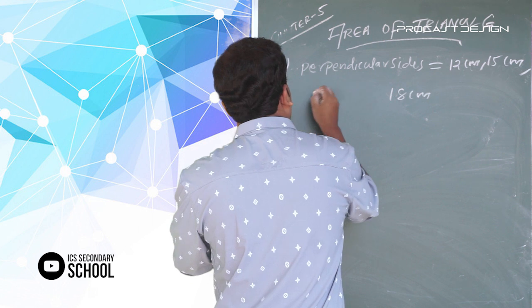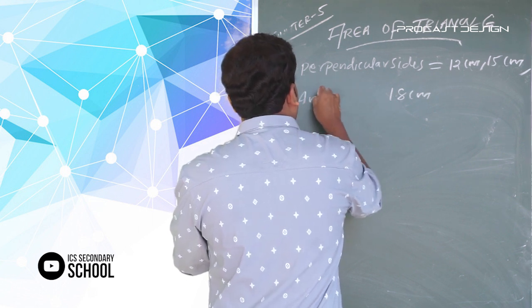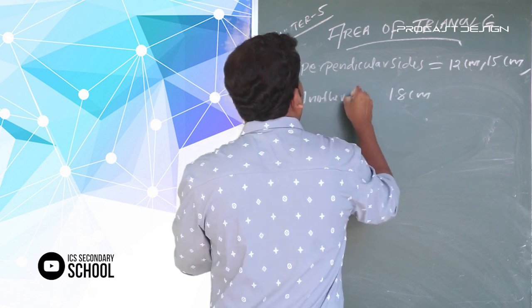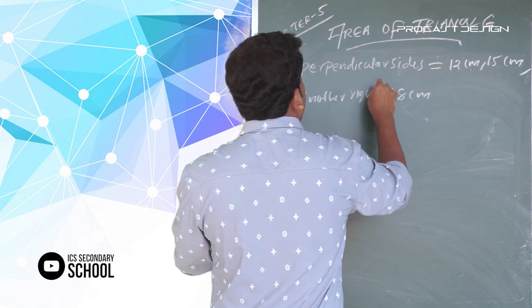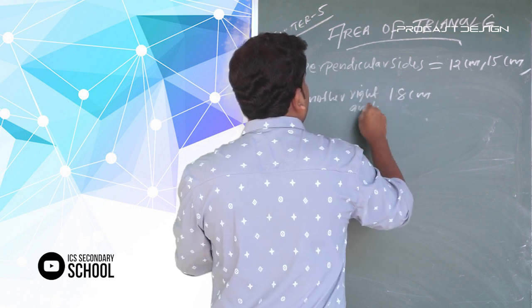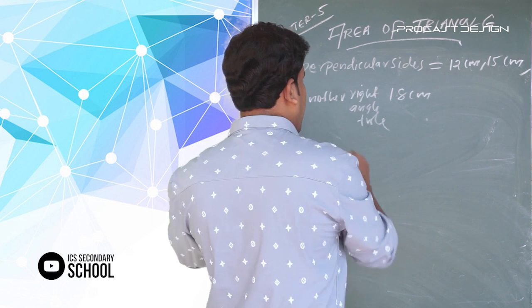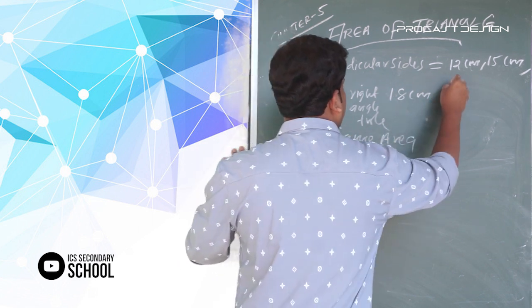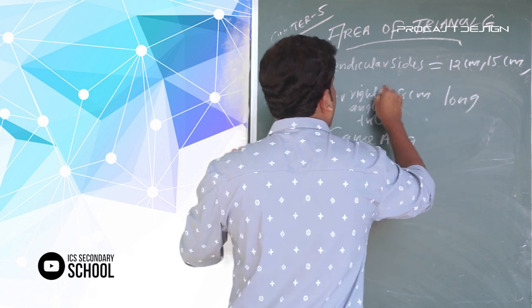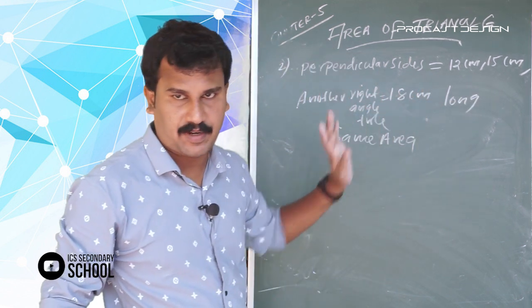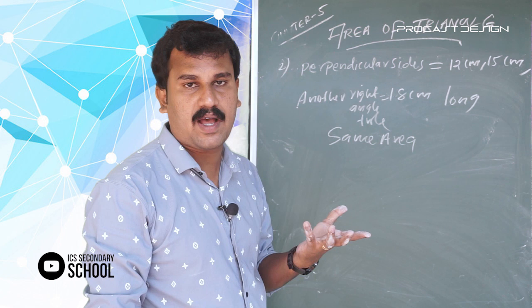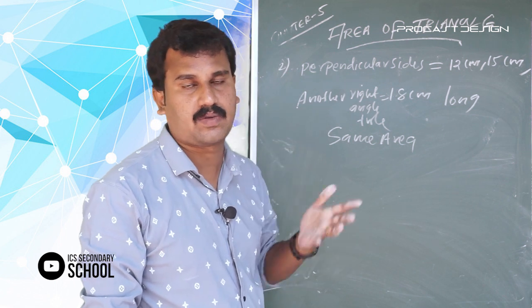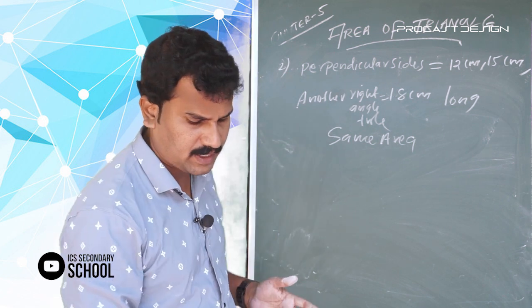Another right angle triangle of the same area has one of its sides 18 centimeter long. Then what is the length of the other side? That is the question.